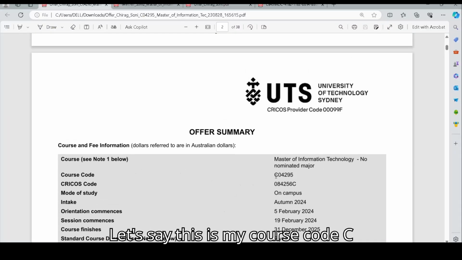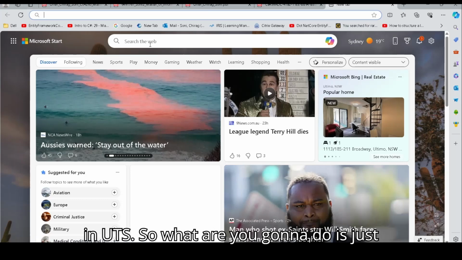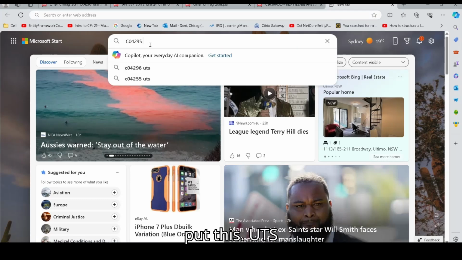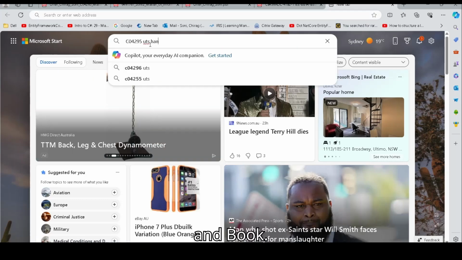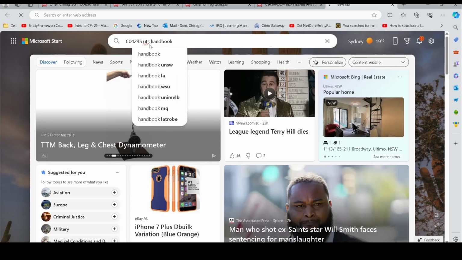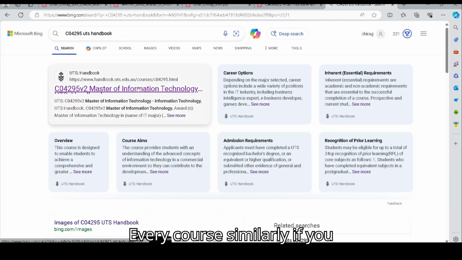Let's say this is my course code, C04295 in UTS. What I'm going to do is just search for UTS handbook. Similarly for every course.